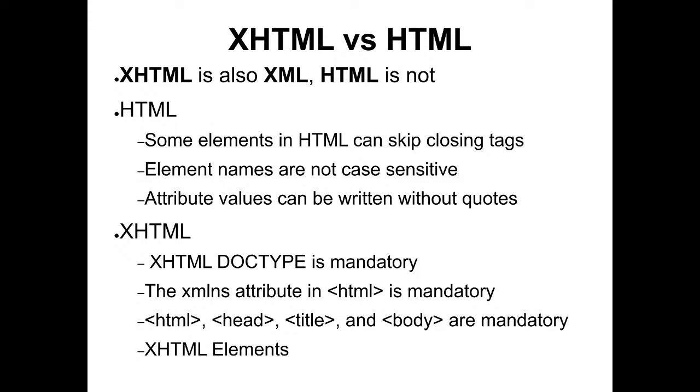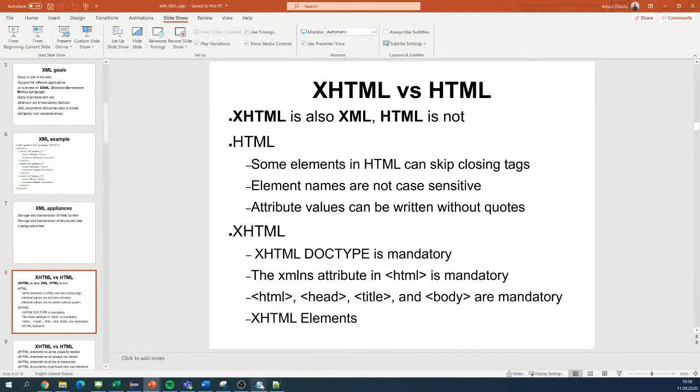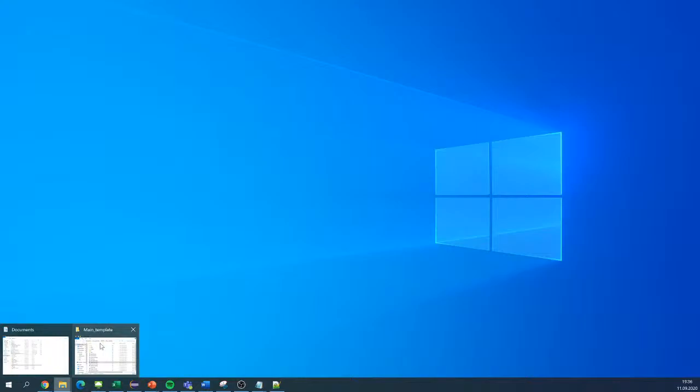Then there's another document type called XHTML, and there's some difference between them. In HTML, some elements can skip closing tags. Let me, for example, again go to the HTML document.